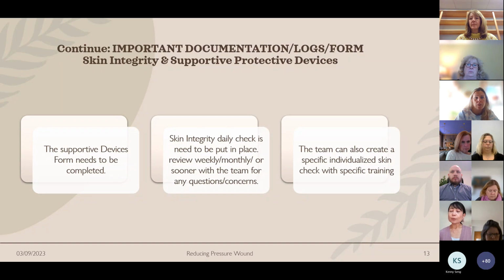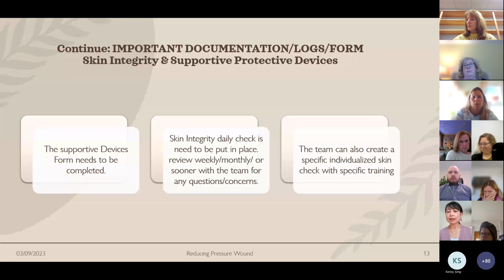On the documentation, it can show us that the shared living provider did a skin check twice a day, there are initials, there is documentation, and we put that information on our documentation after a home visit.